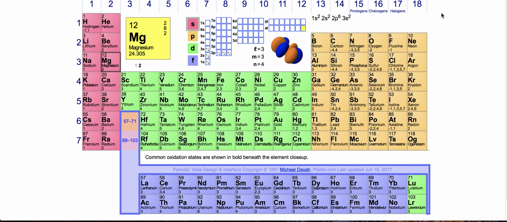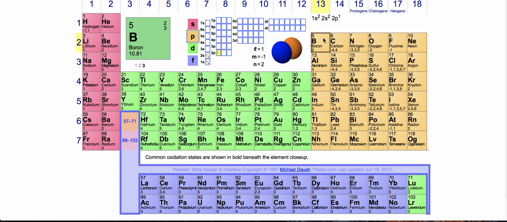So for that reason, these elements are all called the S block. S as in Sam, the S block. Similarly, all of these elements over here are called the P block. Every group from boron all the way through the noble gases is the P block.